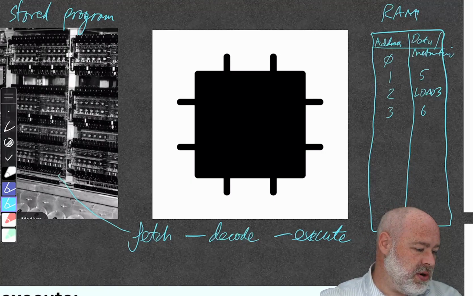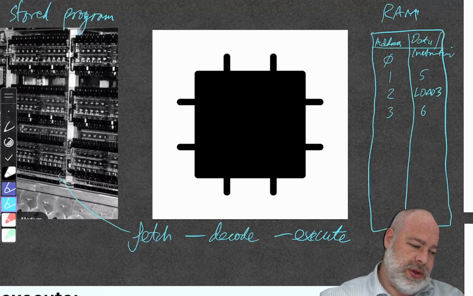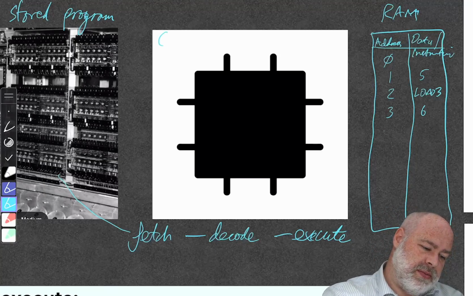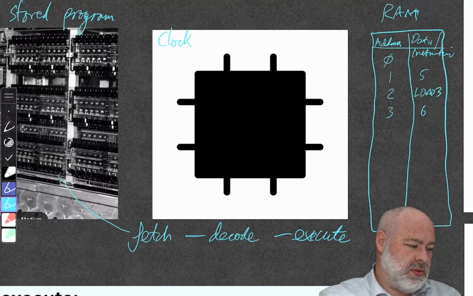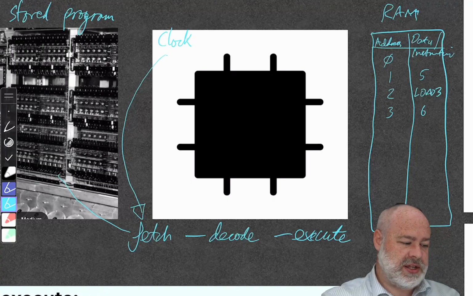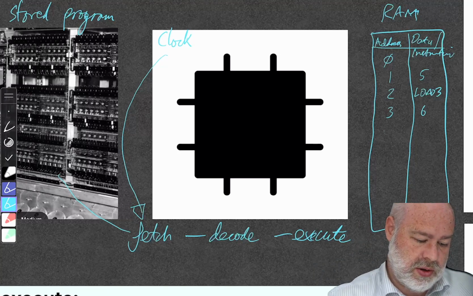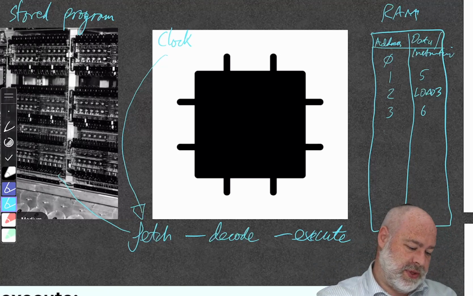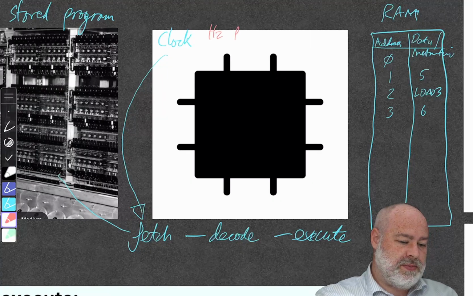Now, there are different components of a CPU, and there are also some important concepts, like, for example, clock. Each computer will have a clock which determines how many of these fetch, decode, execute cycles we can do per second. So the measurement of that will be in hertz, and that's per second.